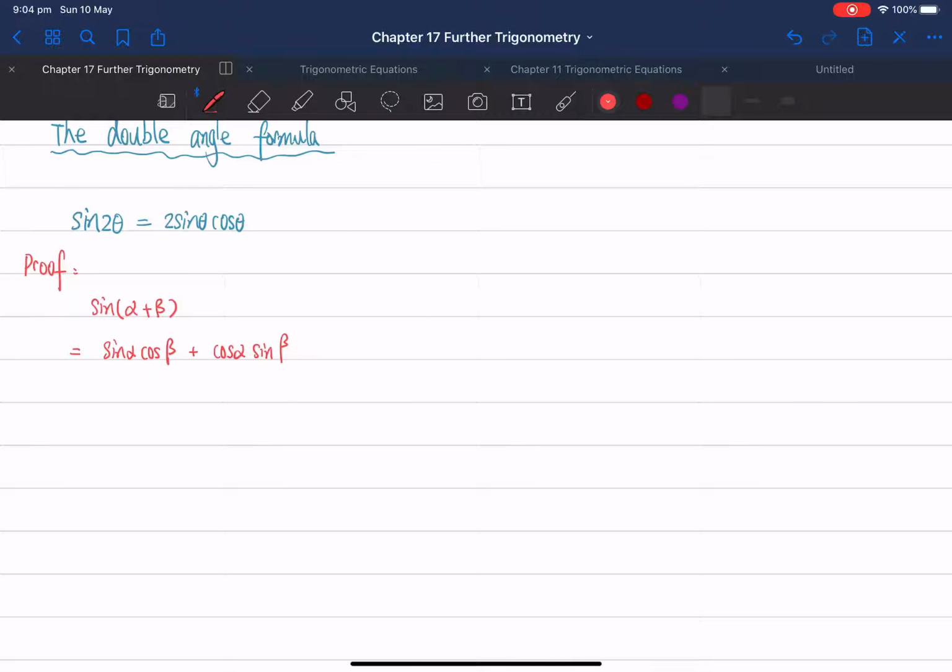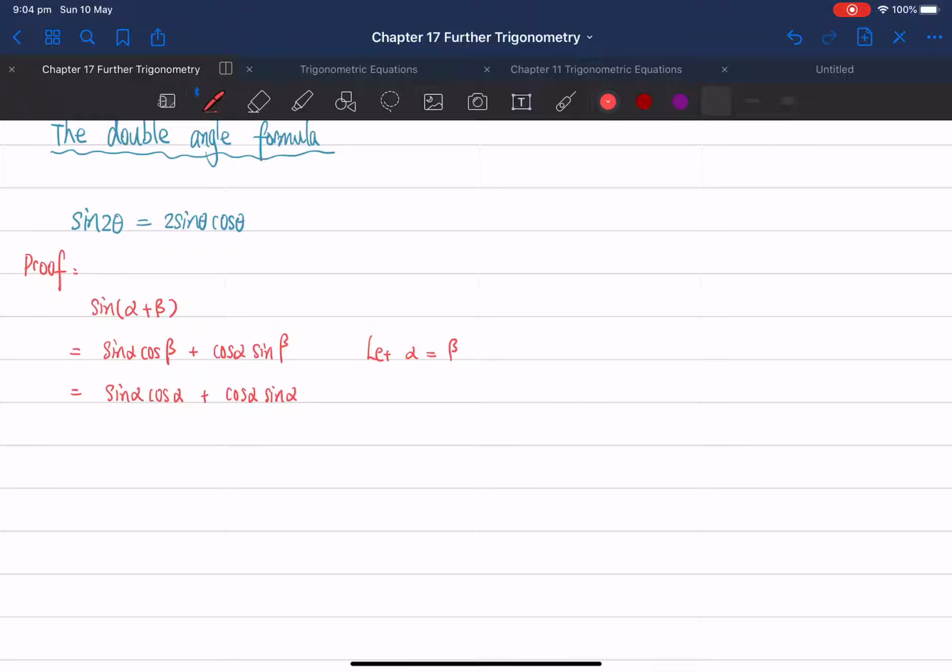If alpha is equal to beta, then we have a double amount of angle. So we can let alpha equal beta, and we get sine alpha cosine alpha plus cosine alpha sine alpha.